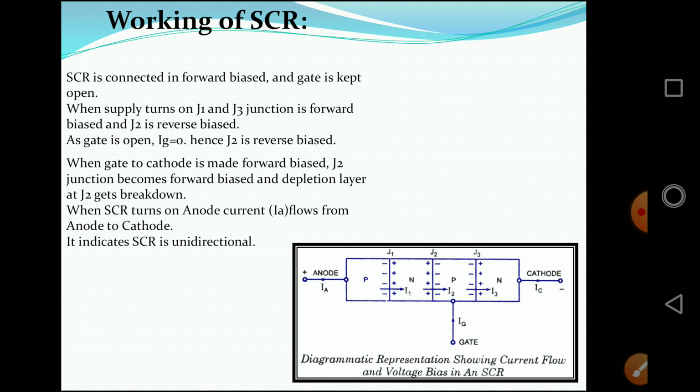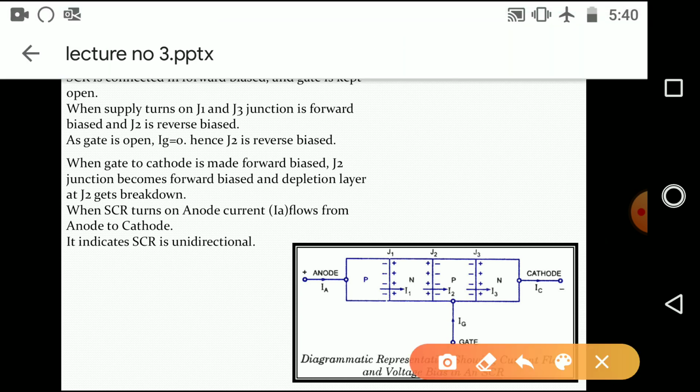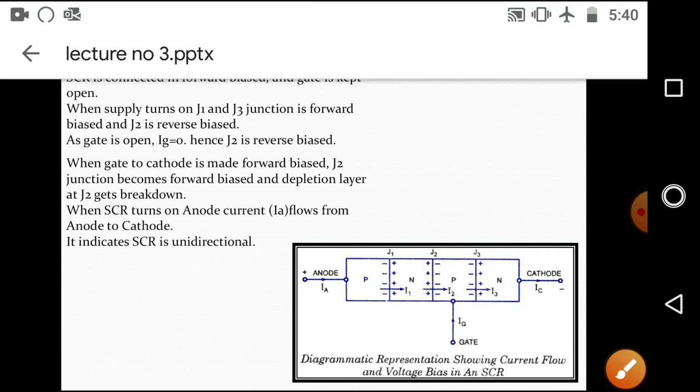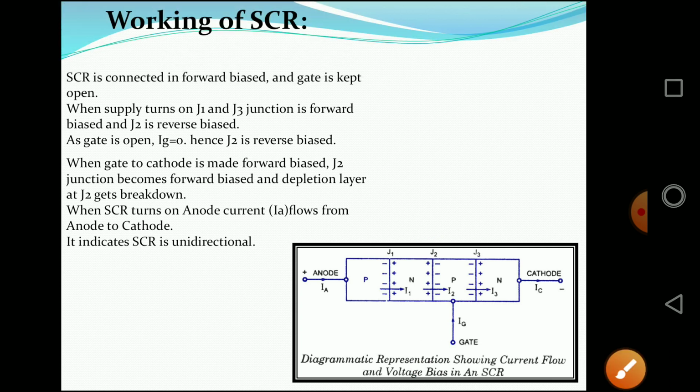Due to this, the current from anode to cathode gets blocked at the J2 junction. That is, the SCR remains in the off state. Here we can observe the depletion layer present at the J2 junction, and its generation is due to the forward bias voltage.